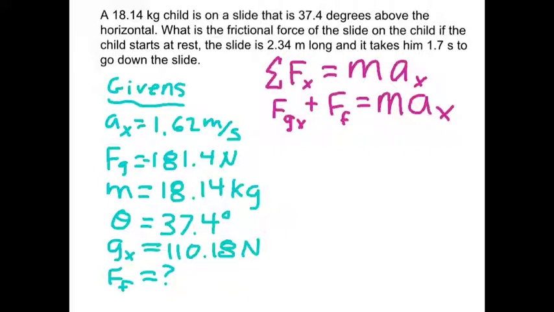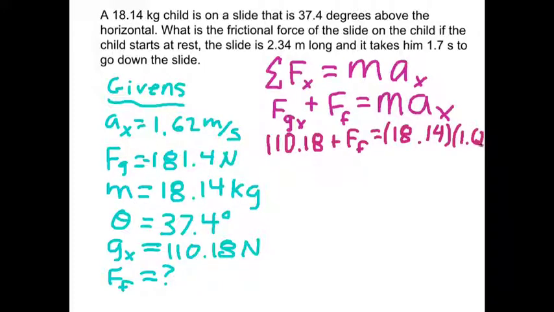So g of x, or the force of gravity in the x direction, is 110.18 plus the frictional force equals the mass, 18.14, times 1.62.